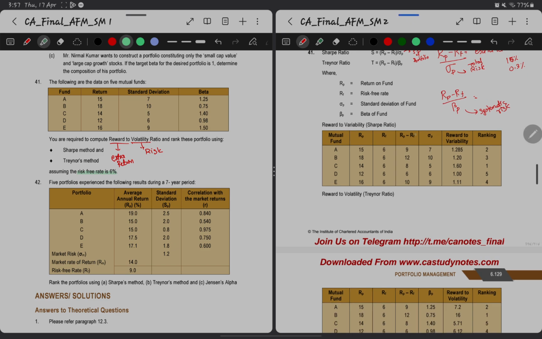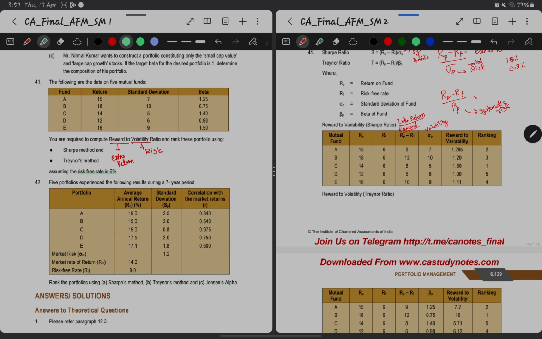Now first using Sharpe ratio, we have return of portfolio RP, the return of the stock, then minus the risk free return RF, which will give us the reward, the extra return which we are talking about. And the standard deviation is the volatility.